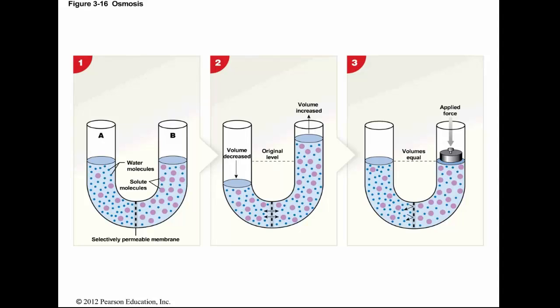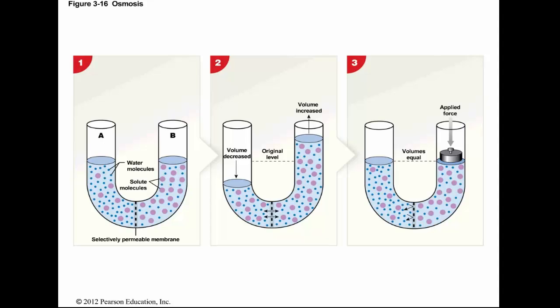The join between A and B is what is called a selectively permeable membrane, which is permeable only to water, not to the solutes. So we've poured our solution into the A side and the same sort of solution, but less of the water, so a more concentrated solution, into side B.